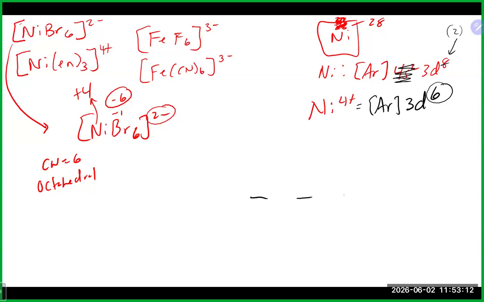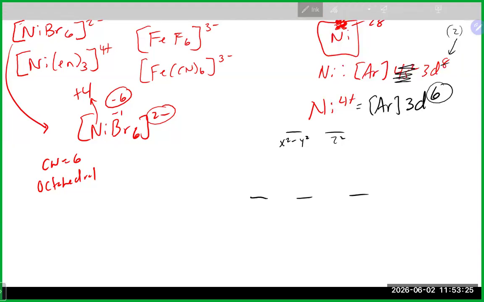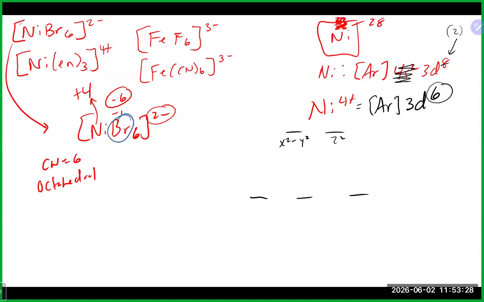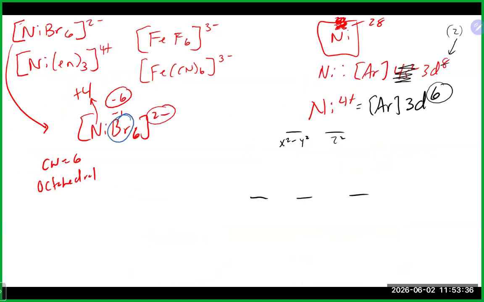So since it is going to do its splitting here, again with our squared guys up on top, what we then want to look at is our bromine. And our bromine, which is over here, this is a weak field splitter. And weak field would mean that we have a small splitting happening here. And that is weak field.